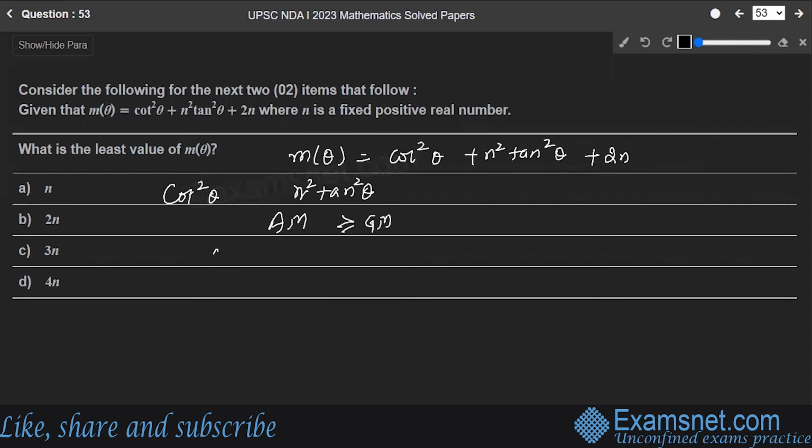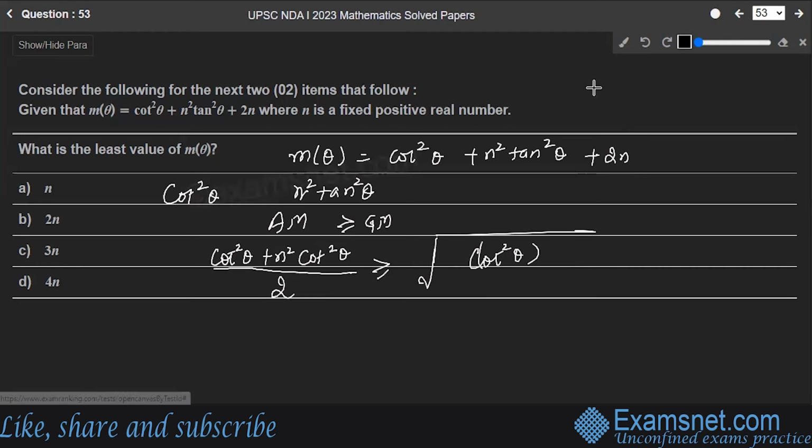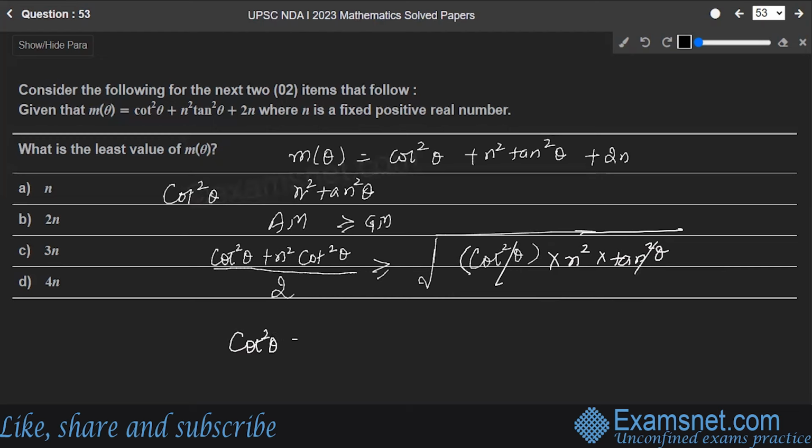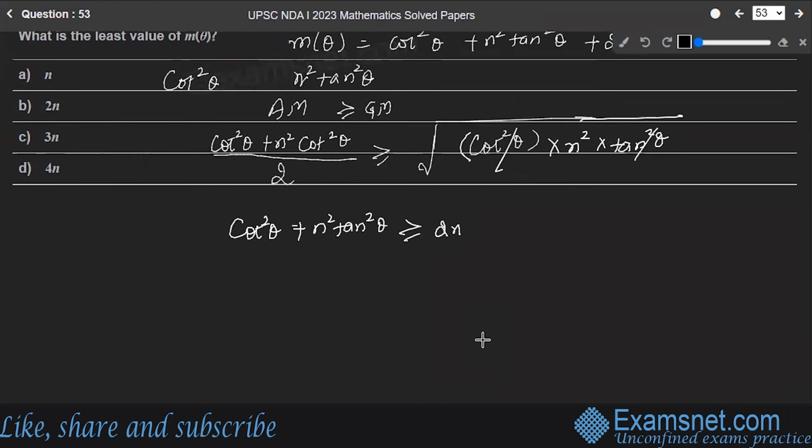Let's find the arithmetic mean: cot square theta plus n square tan square theta upon 2 is greater than or equal to root of cot square theta into n square tan square theta. These will cancel out and you will have cot square theta plus n square tan square theta is greater than or equal to 2n.